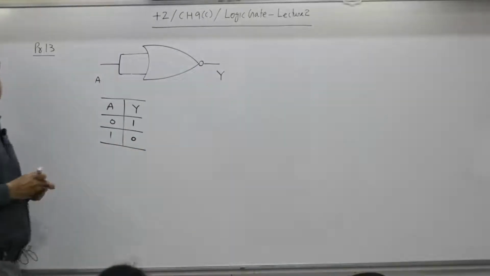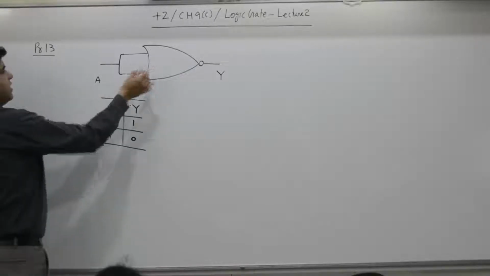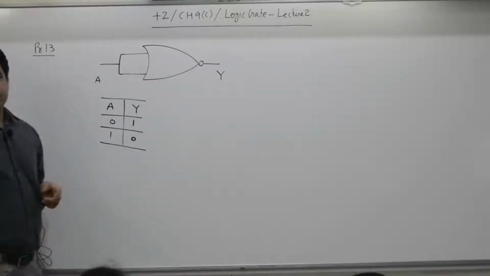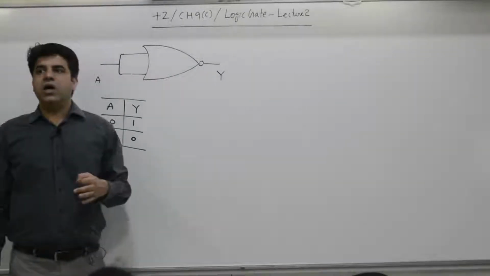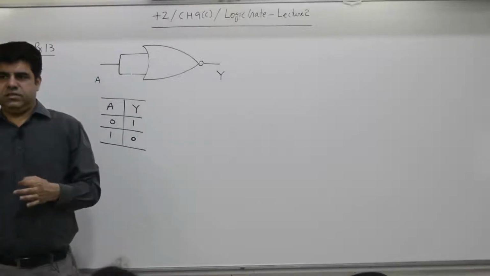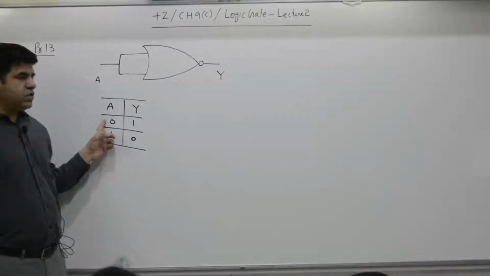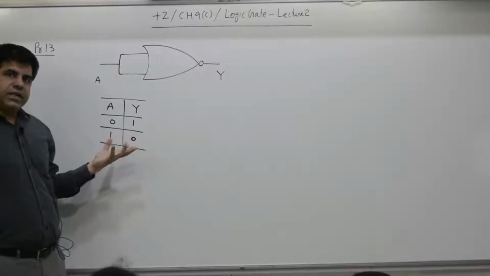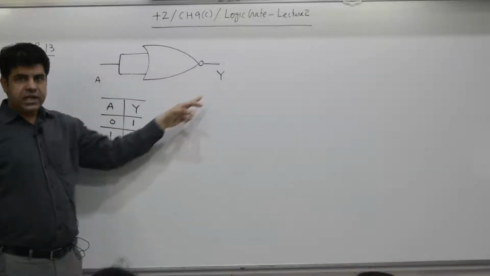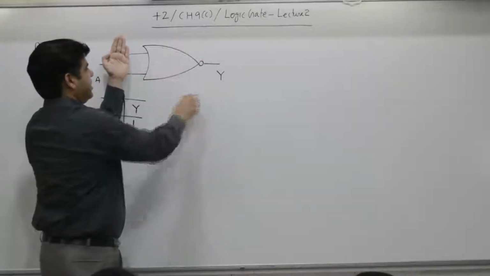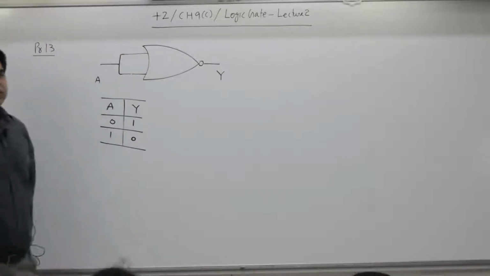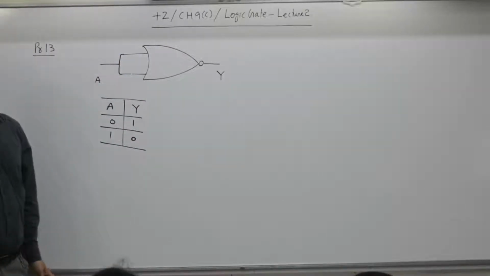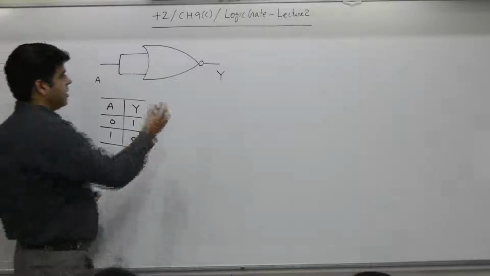That means a NOR gate short circuited becomes a NOT gate. 0 changes to 1, 1 changes to 0, this is a NOT gate. So this is a NOR gate. If you short circuit the 2 inputs of a NOR gate, what you get is a NOT gate.